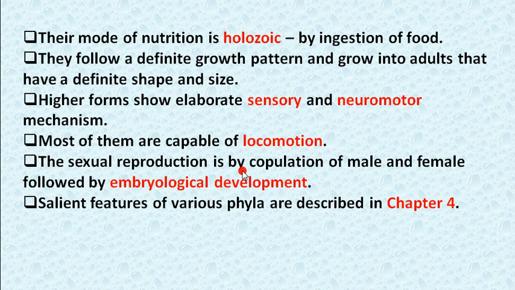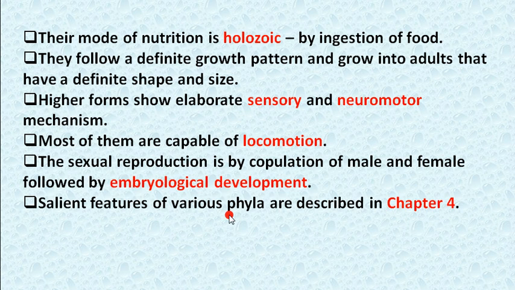Sexual reproduction is by the copulation of the male and female, followed by embryological development. Here sexual reproduction is the combination of male and female gametes. Male gamete is different, female gamete is different. They combine and fertilization occurs. Then after fertilization the embryological development takes place in animals.